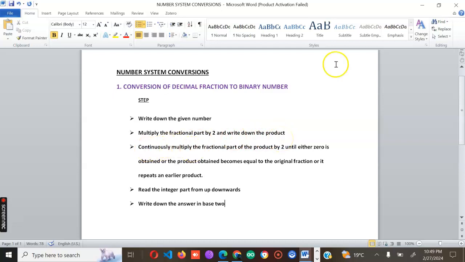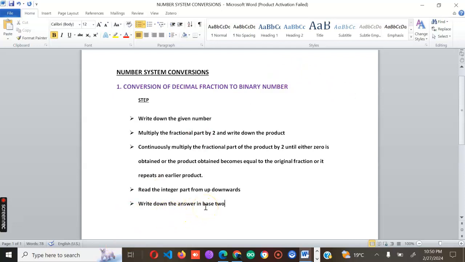Continuously multiply the fractional part of the products by 2 until either 0 is obtained, the product becomes equal to the original fraction, or it repeats an earlier product. Then read the integer parts from top to bottom, and lastly write down the answer in base 2.